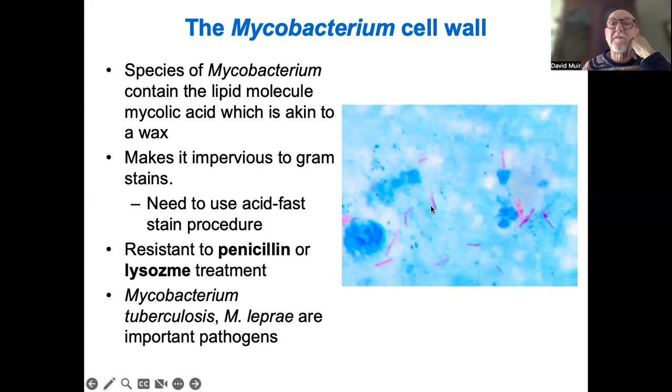And this is actually a sputum sample here. So this is all debris and mucus and stuff from the sputum, but embedded in it, there are numerous of these long filamentous rods which have stained a distinct pink, and that is diagnostic of mycobacterium.